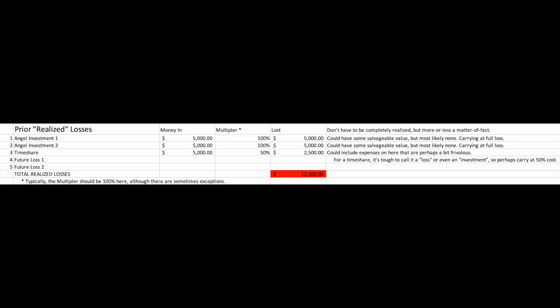We will enjoy it. But I'm just trying to keep it real and to be conservative in my modeling as I look at how much money I have for speculation. And so again, these are hypothetical numbers I just threw in here, but basically the total realized losses are $12,500.